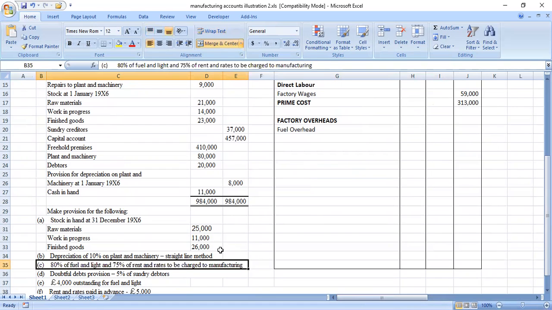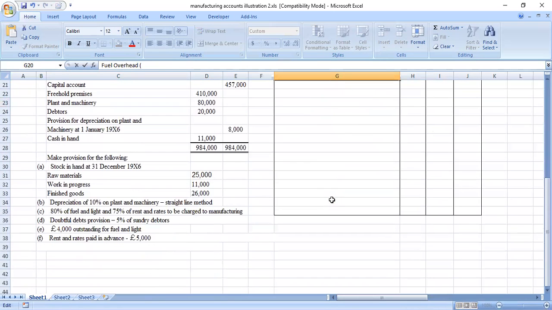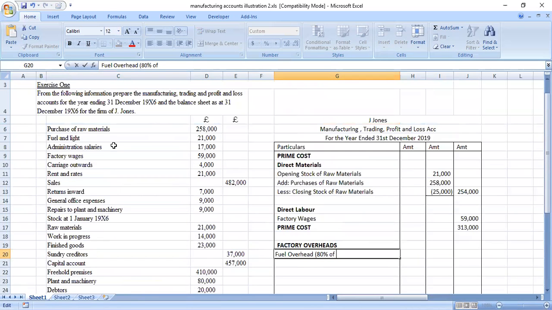That one I've highlighted: 80% of fuel and light should be charged to manufacturing. So the fuel overhead to charge to the factory overheads should be 80% of the 21,000 shillings that we have here.